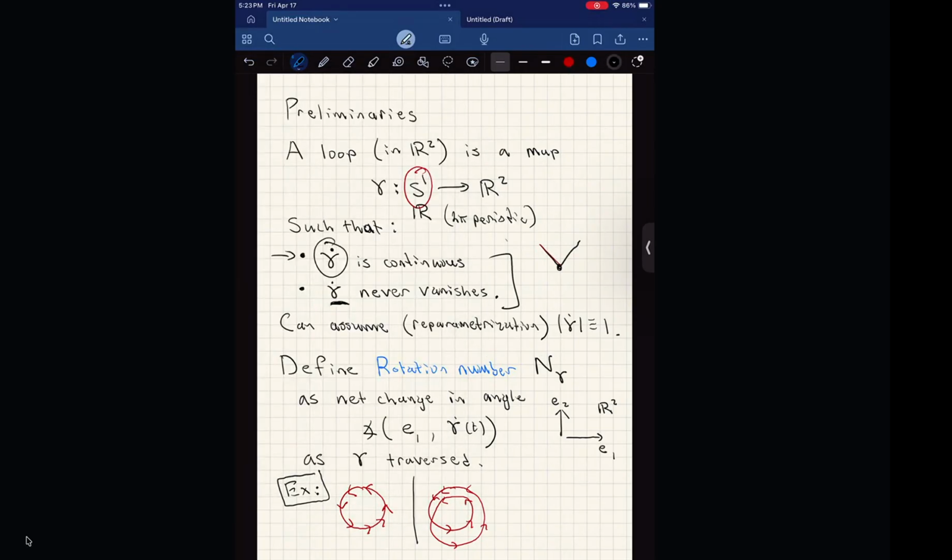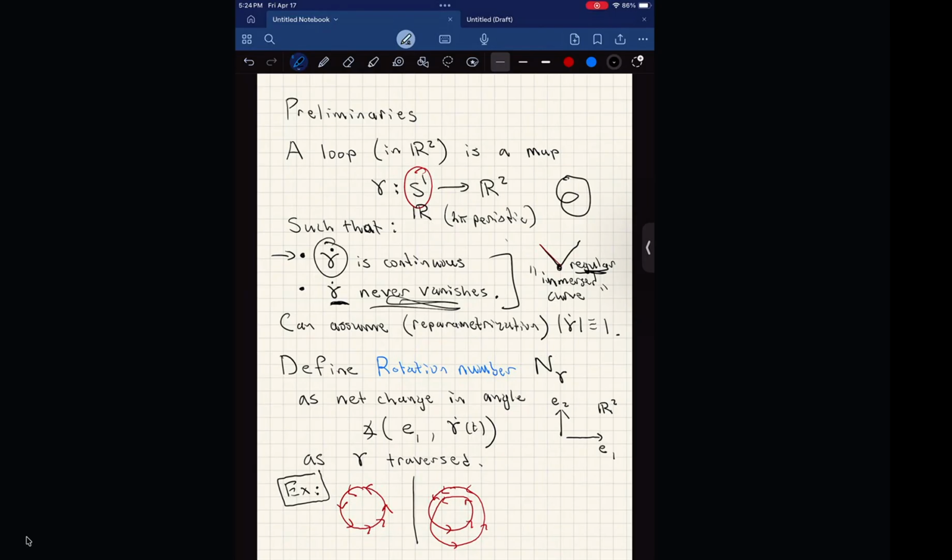A curve satisfying these two conditions is usually called an immersed curve, or a regular immersed curve. Regular refers to this second condition. The curve itself could intersect itself, so it could go like that, for example.